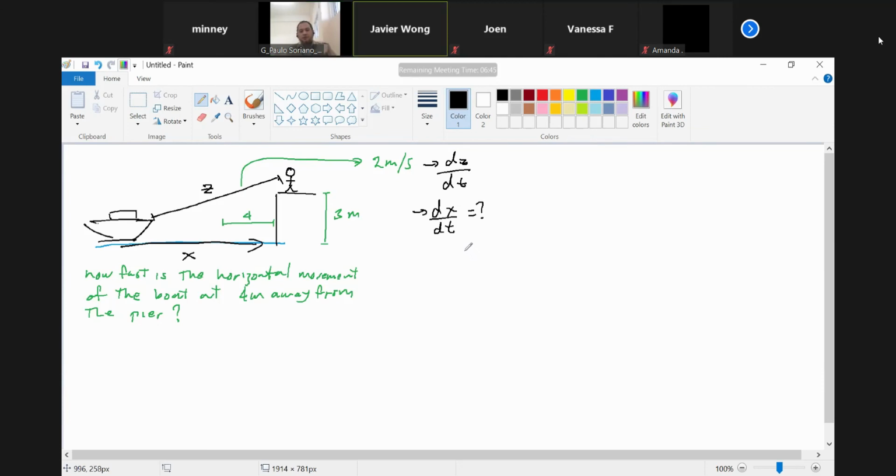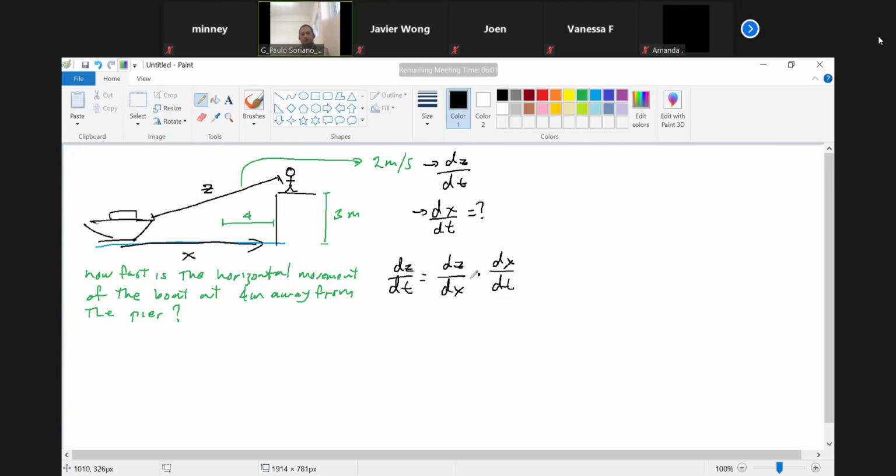So we need dz/dx, because when we multiply this together with dx/dt, the dx will cancel, and we will end up with dz/dt. Okay, you got the idea on how I came up with this formula?